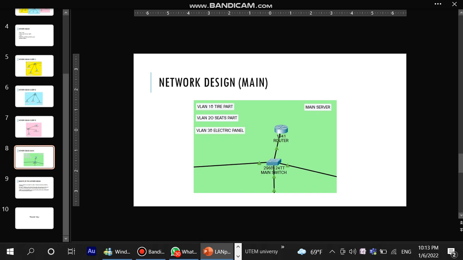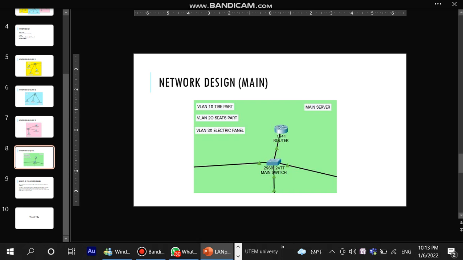So we can see the main network design. With this picture or with this design, the VLAN, you can just pay attention for this, for the router and the main switch.